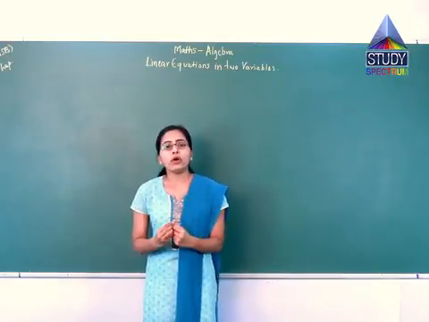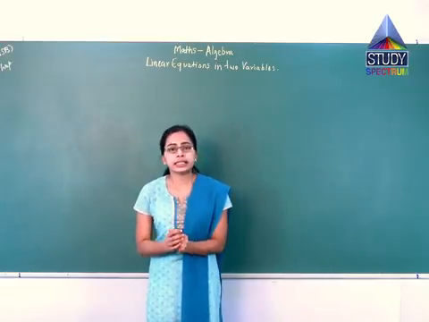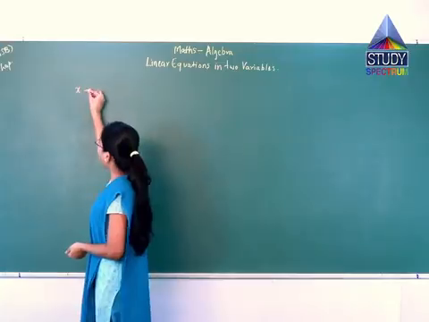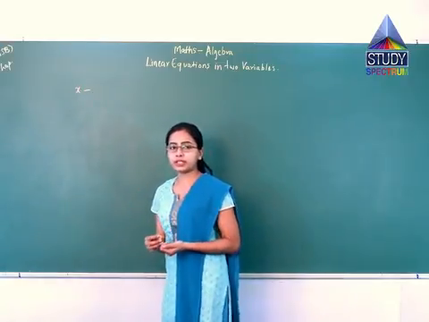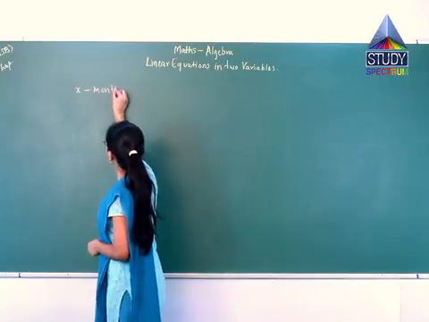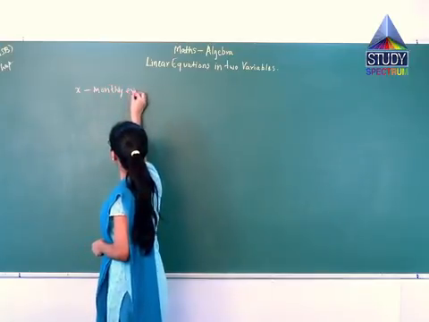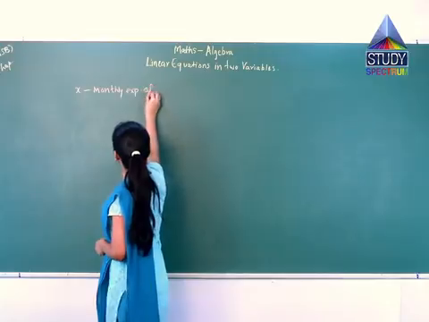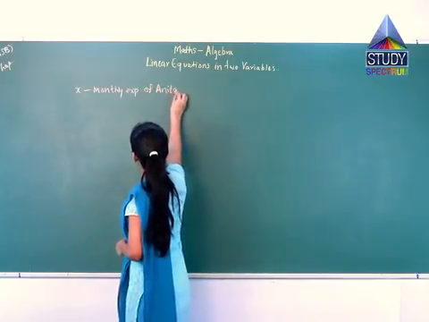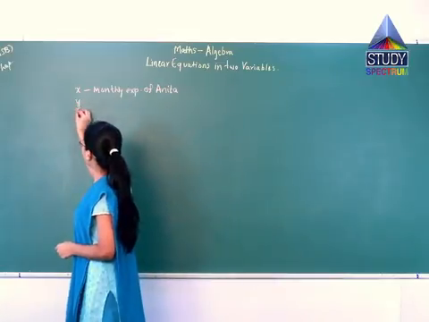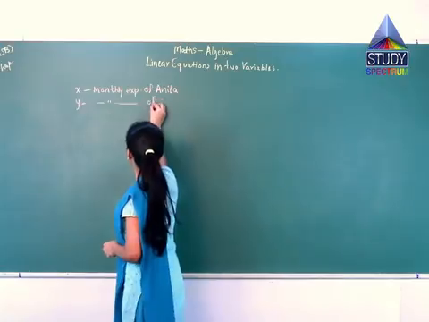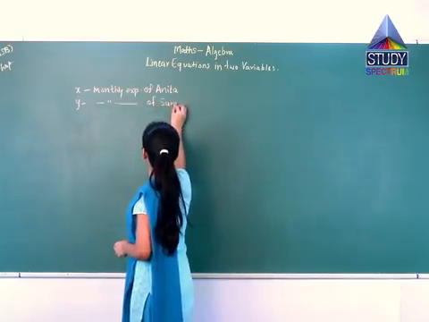So in order to relate these two quantities, suppose X is the monthly expenditure of Anita, and Y represents the same thing of Sunita.